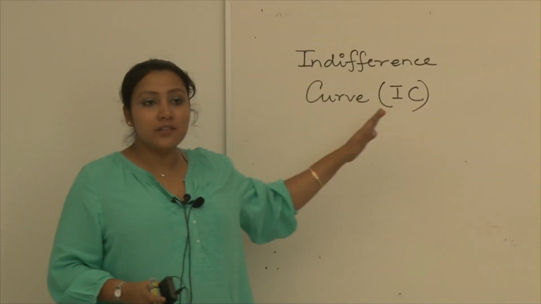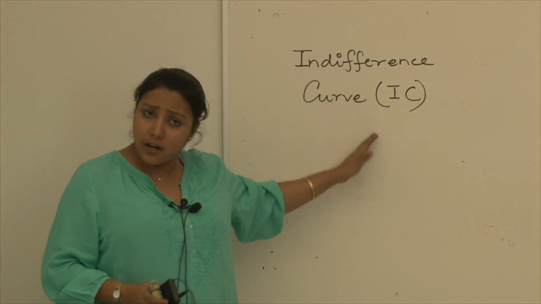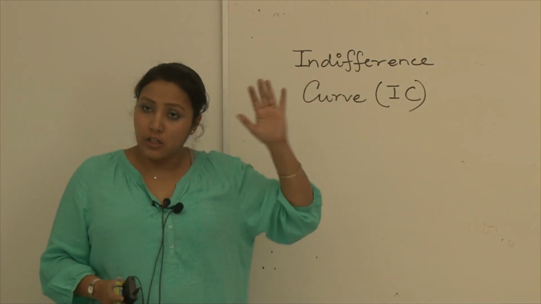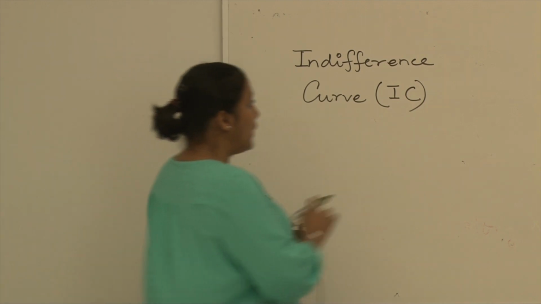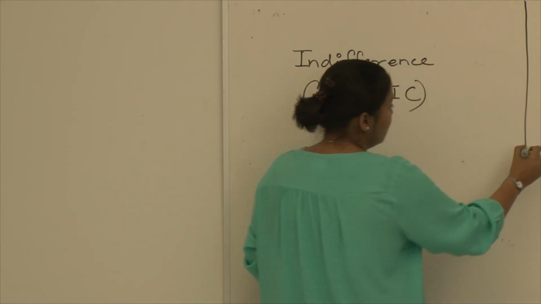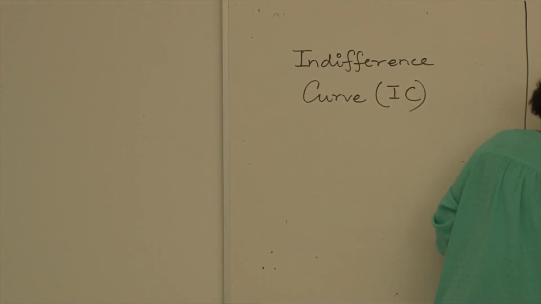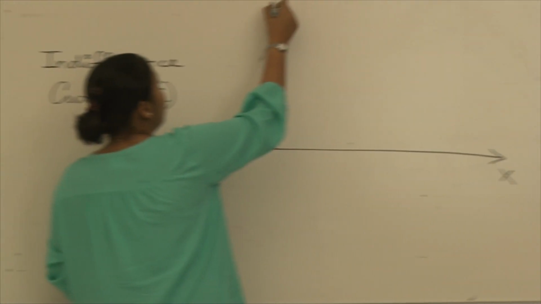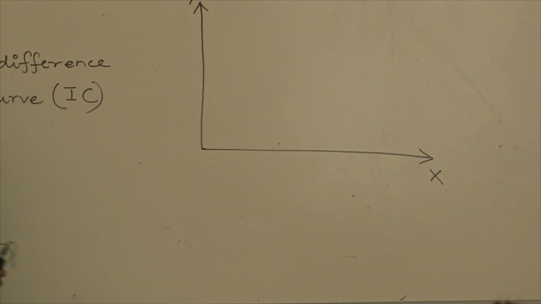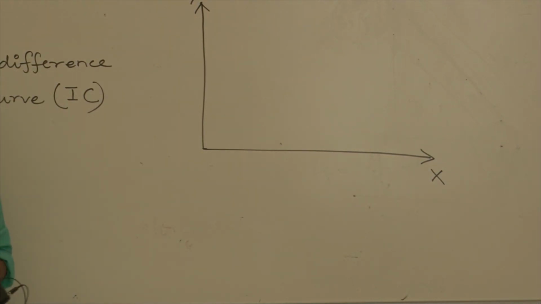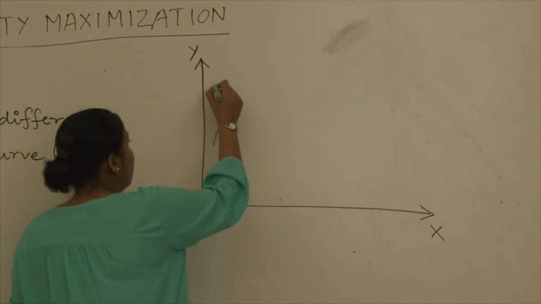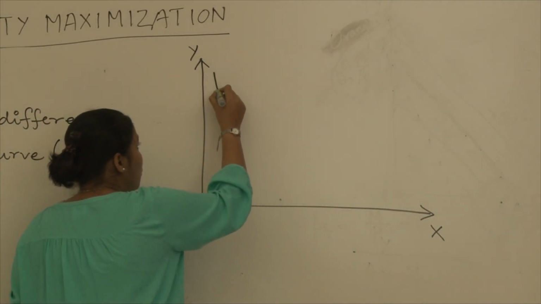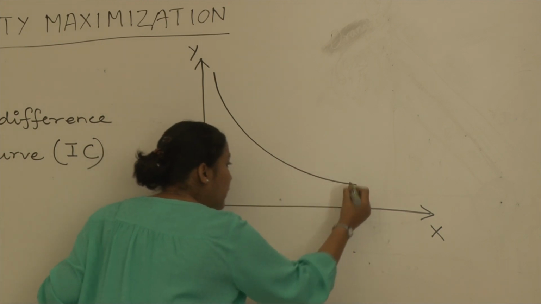So, this indifference curve is a curve which shows the preference of the consumer, okay, and that preference is also plotted in the same space. So, you still have the quantity of one good measured here, and the quantity of the other good measured there. Once again, you could interchange between the two, okay, and the indifference curve just goes through all different consumption bundles.